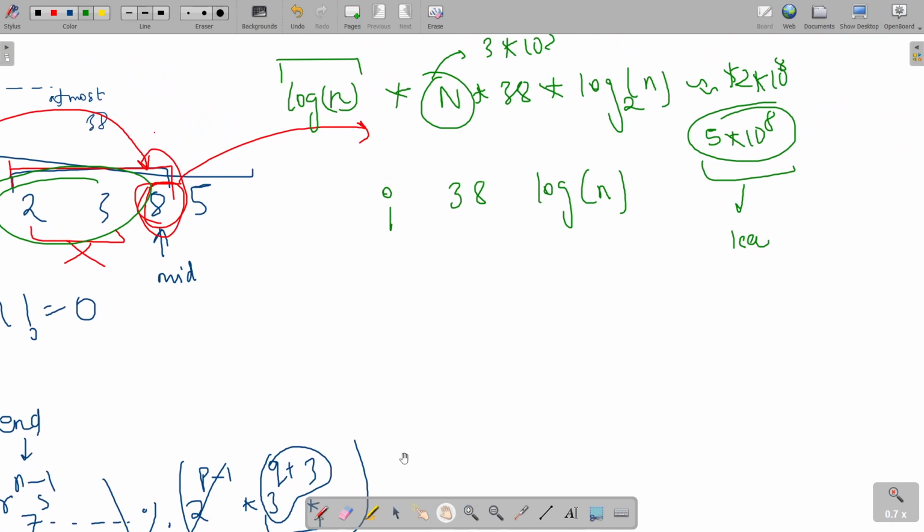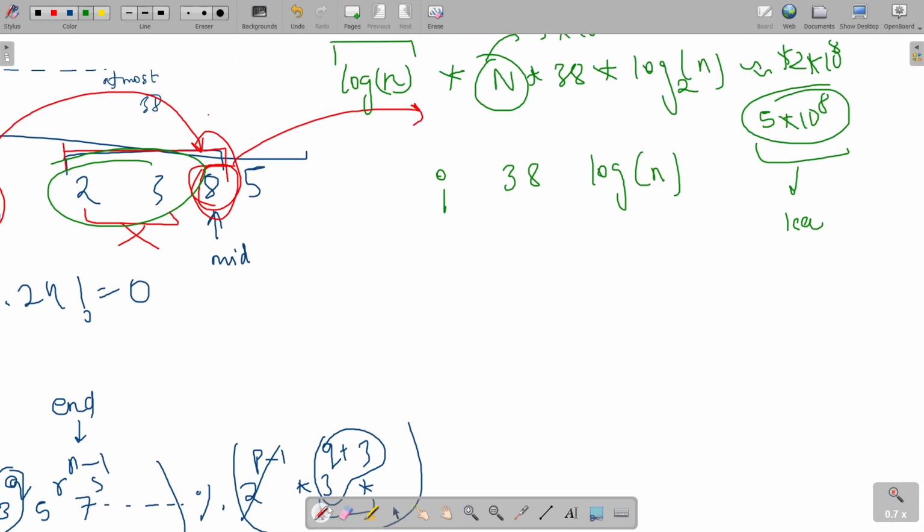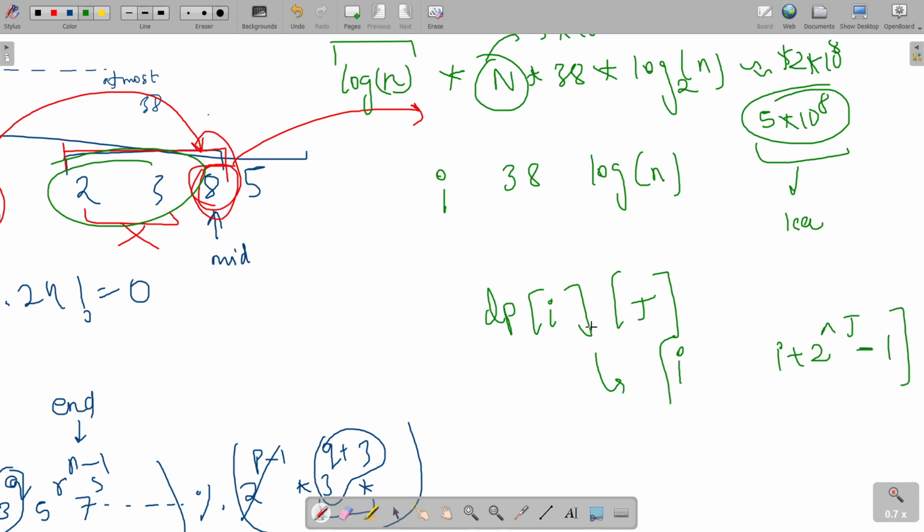If you don't know what a sparse table is, basically it is like a DP table, and DP of i j stores some value for the range I to I plus 2 to the power j minus 1. So basically at point I, if you look at some region of length 2 to the power j, in our case we will store the LCM of this range.